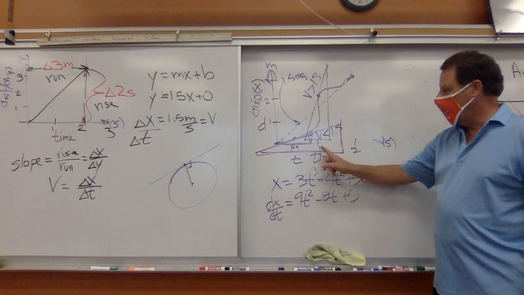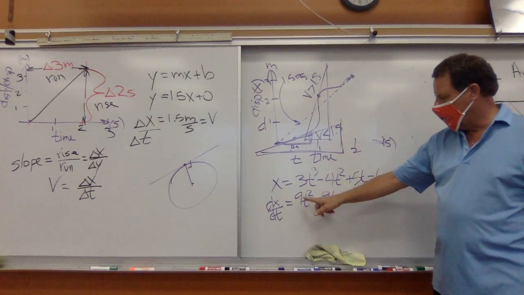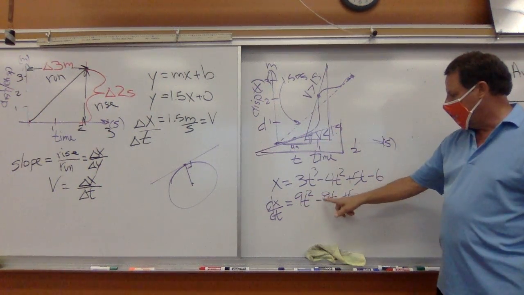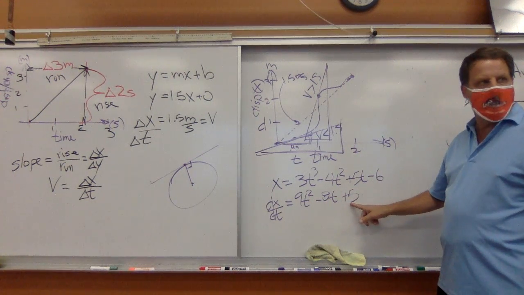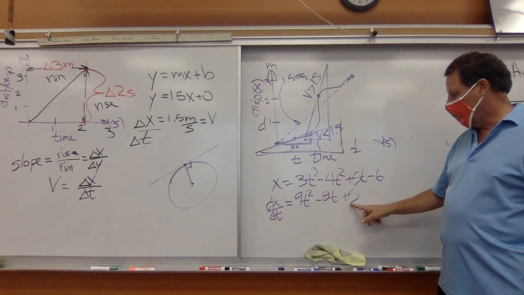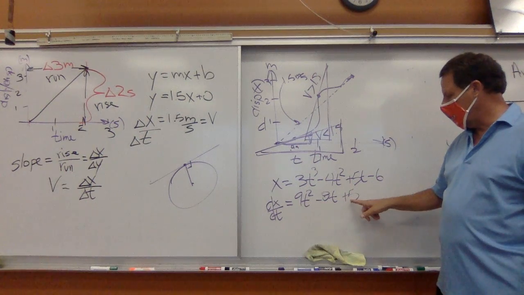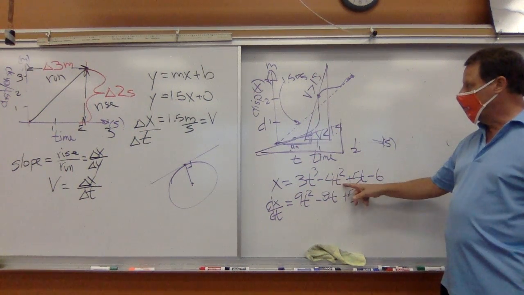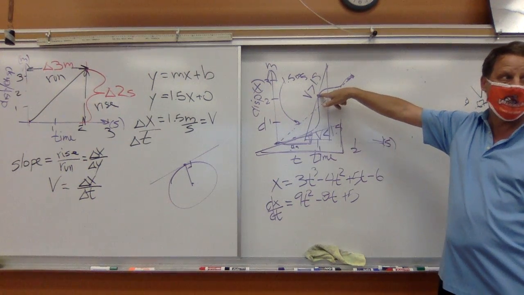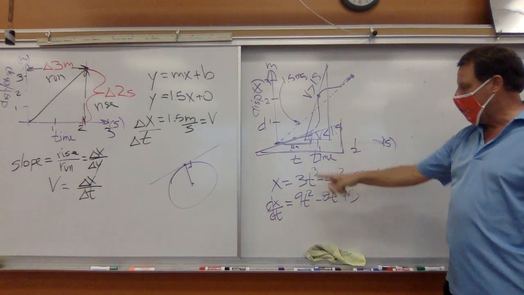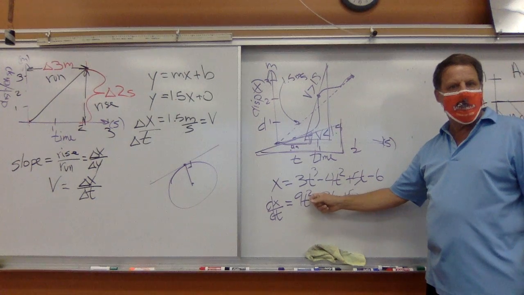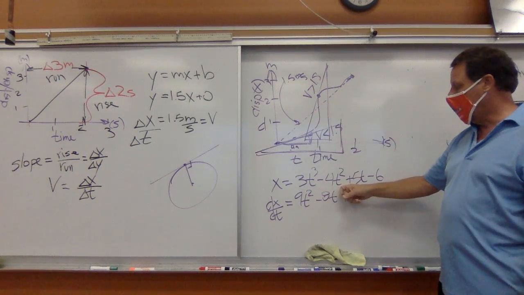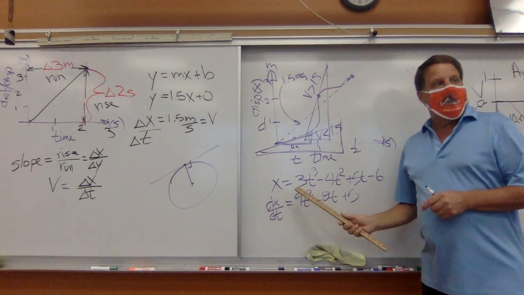If we put in 1, we have 9 times 1 squared, which is 9, minus 8, plus 5, which would be 6. Now, I just made this up, so it does not correspond to this graph. At 2 seconds, it would be a different velocity because it varies depending on where it is.